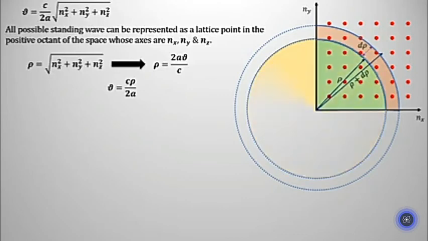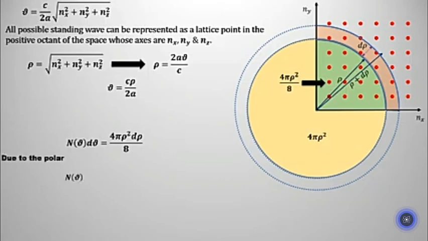Now as we have taken only 1 by 8 part of the sphere, the surface area becomes 1 by 8 of 4 pi rho square. The thickness of the region is d rho. So the volume of the shaded region will be 4 pi rho square d rho by 8. Therefore, the total number of standing waves in this shell will be 4 pi rho square by 8 d rho.